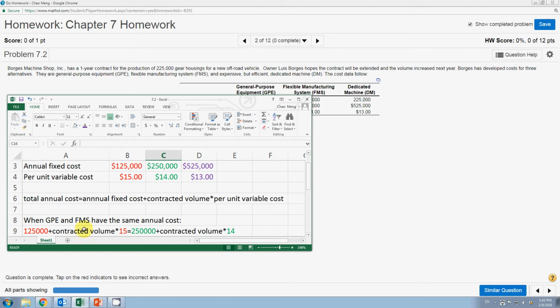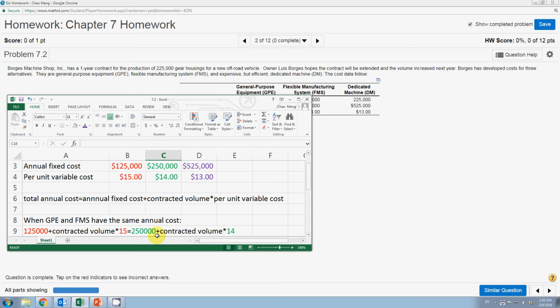So we leave this as an unknown variable. So contracted volume times the variable cost equals, on the right-hand side, the annual cost for the second option, which is the flexible manufacturing system. So the first term is the fixed cost. I get this from there, plus the contracted volume times the variable cost. So when those two options give us the same cost, we have this equation.